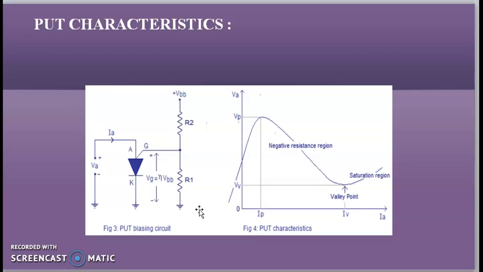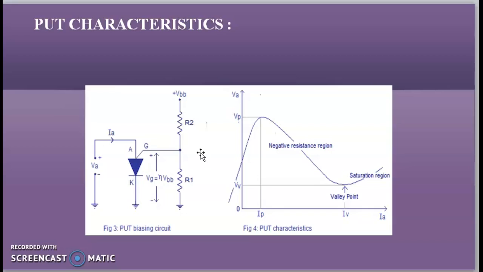The gate is connected to the junction of two external resistors R1 and R2, which form a voltage divider network. The values of these two resistors R1 and R2 determine the intrinsic standoff ratio and peak voltage Vp of PUT, and these values are fixed by the manufacturer.